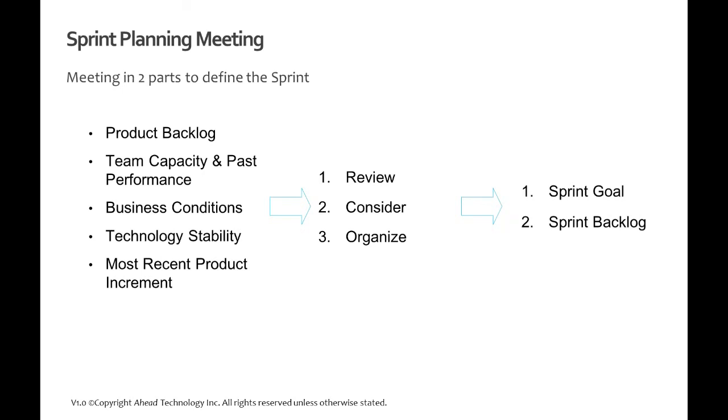Business conditions, technology stability, most recent product increments. So that's assuming you've gone through this before. And that's where the team will review, consider, and organize themselves to come up with an agreement on what is the sprint goal and defining that sprint backlog. So what are we going to work on and how are we going to work on it?